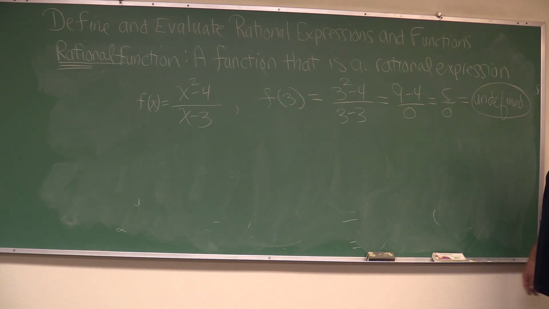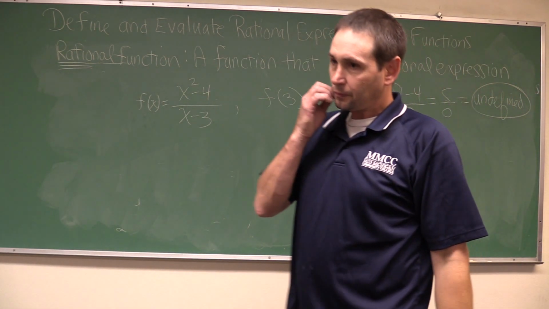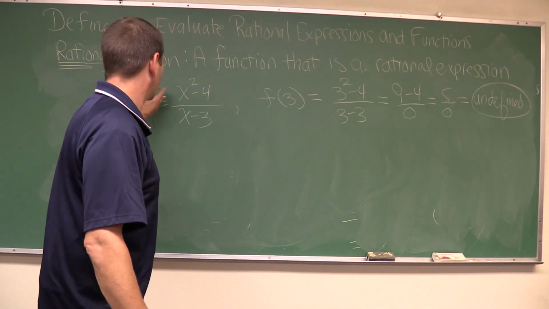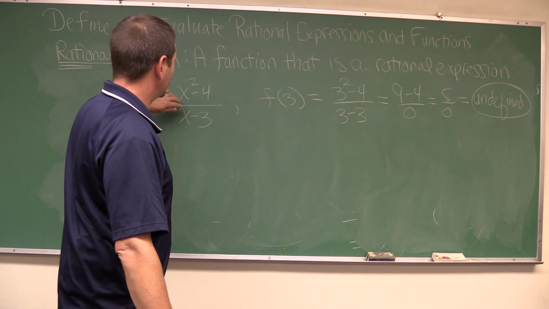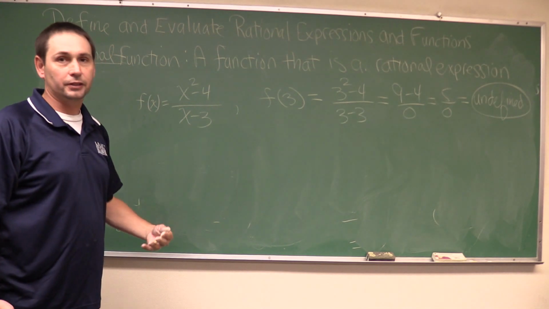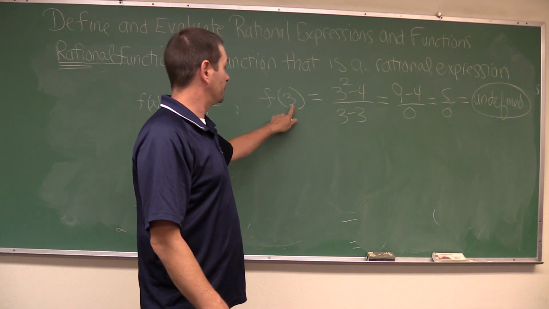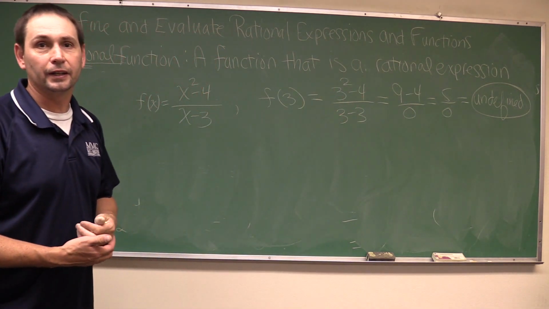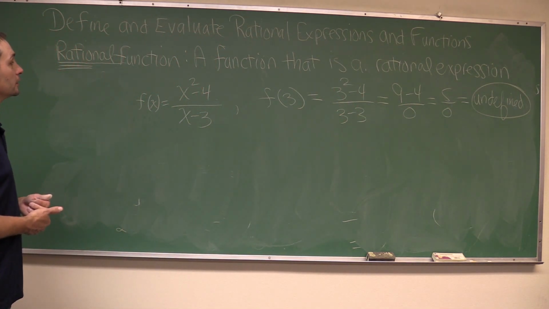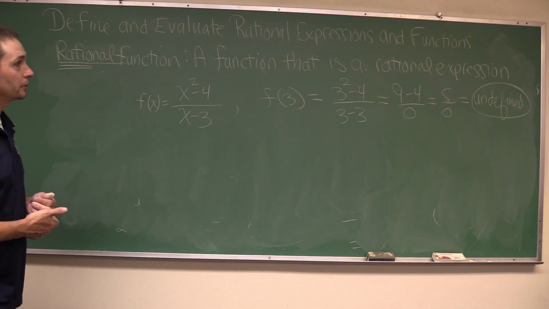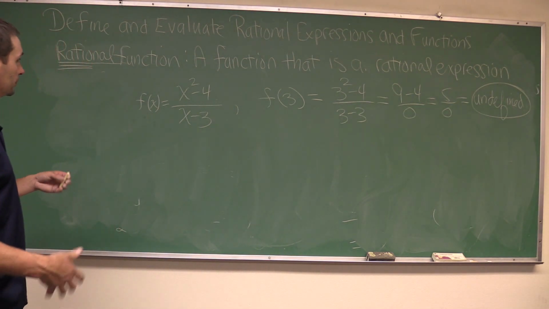So that would be the same problem as looking at just the expression, but not in function notation, and asking you to evaluate this expression when x equals 3. But this is the function notation way of saying an input value, and the output value was undefined in this case. So anyways, we are going to look at some important things.